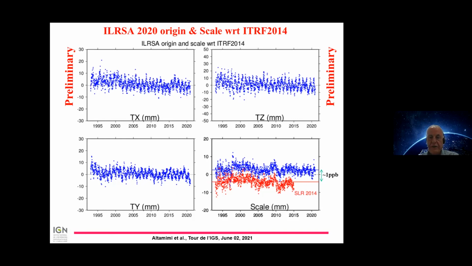Now we are happy to see that that scale offset was real, and we will be pleased to see that gap between VLBI and SLR minimized to the level of precision of the scale determination.